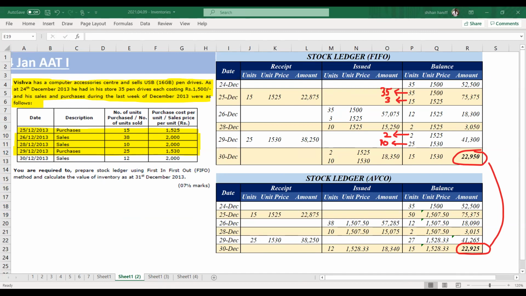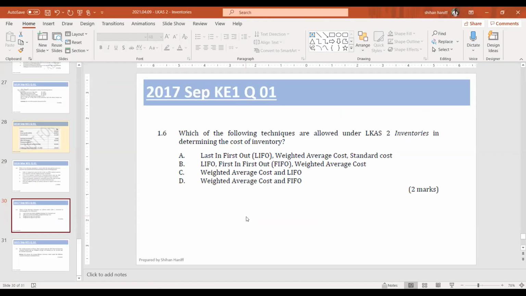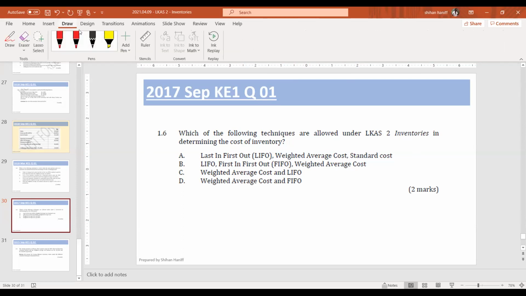Now, can you all tell me the answer for this? Which of the following techniques are allowed under LKAS 2 Inventories in determining the cost of inventory?